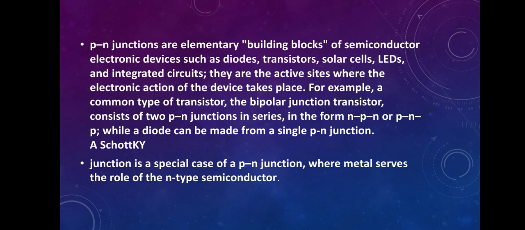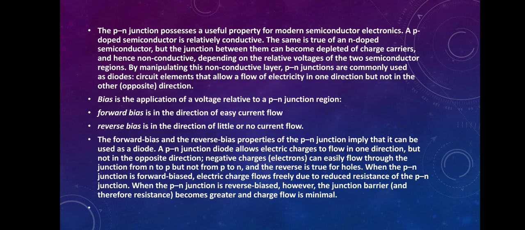For example, a common type of transistor, the bipolar junction transistor, consists of two PN junctions in series in the form of NPN or PNP, while a diode can be made from a single PN junction. A Schottky junction is a special case of PN junction where metal serves the role of the N-type semiconductor.